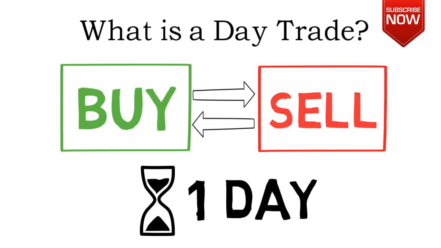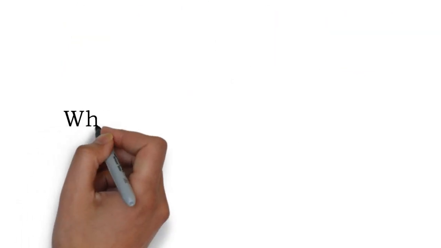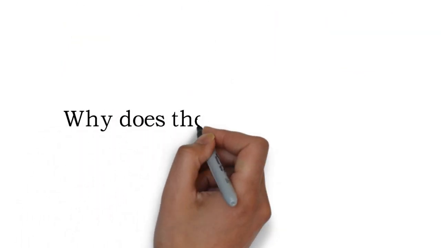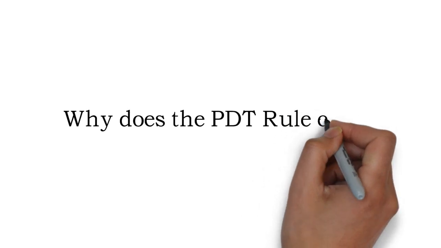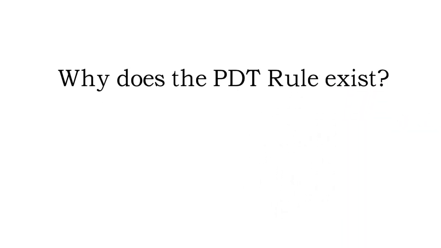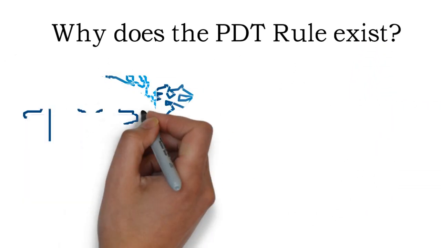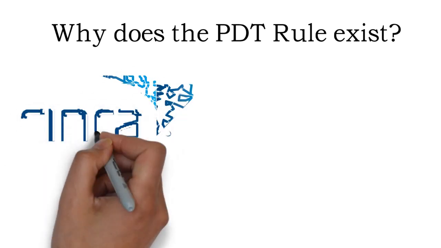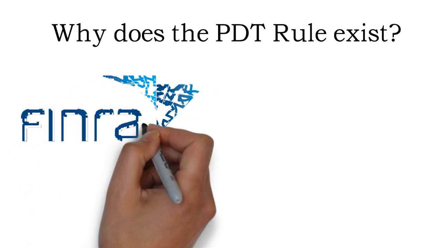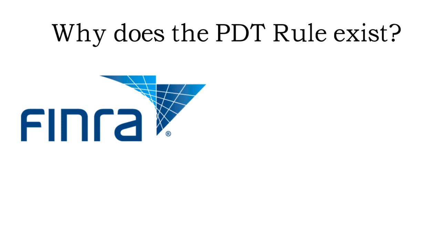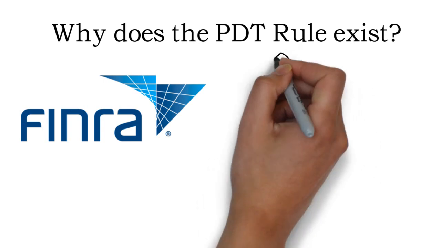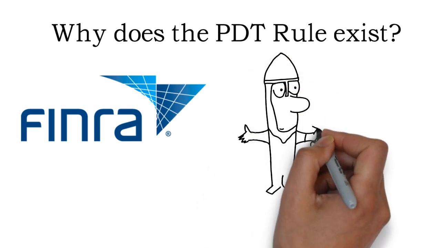There's one last thing that I want to touch before we get into how you can avoid the PDT rule. That thing is, why does the PDT rule even exist? Financial regulators like FINRA initially created this rule. They created the rule to protect investors from greater risks.